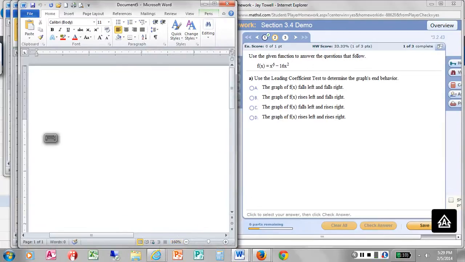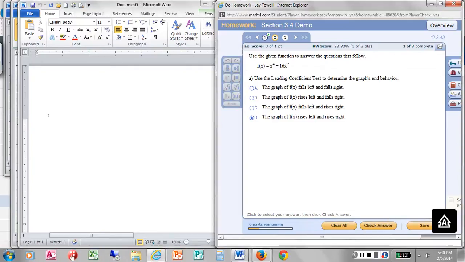Okay, so we do have an x to the fourth is our largest degree, so we know on those either both ends go up or both ends go down, and it being a positive leading term, that means both ends are going to go up, so that would be rising to the right and to the left. Rises left, rises right.